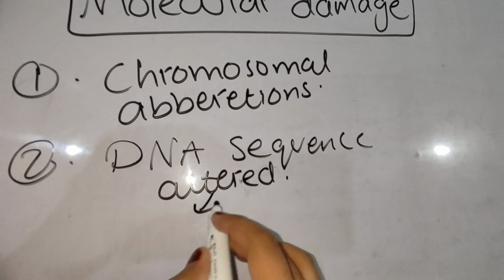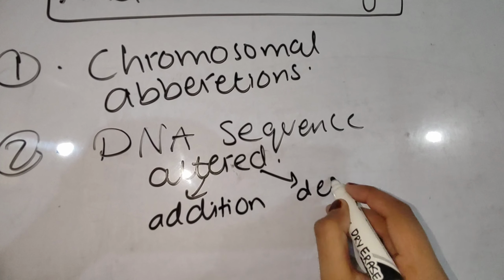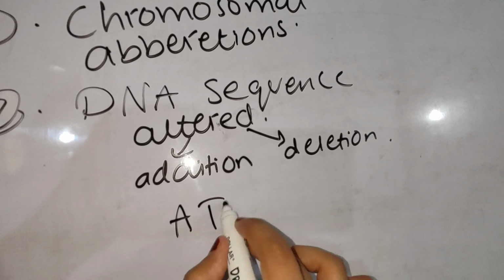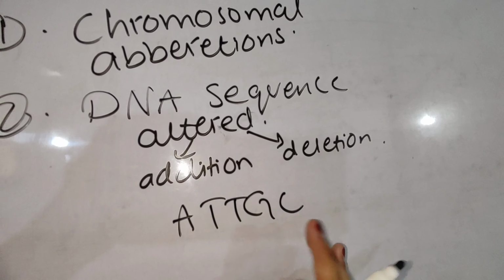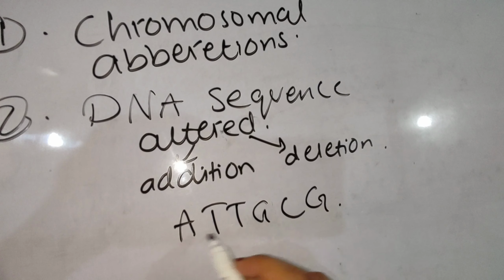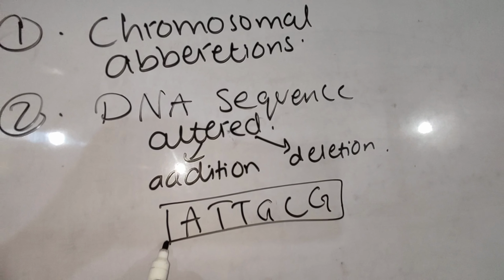It could be addition of some chromosome or sequence, or deletion of any part in the sequence. For example, A, T, T, G, C is a normal plant cell sequence, and when there is removal of G or addition of another G, that leads to a mutation, and mutation could be lethal as well.